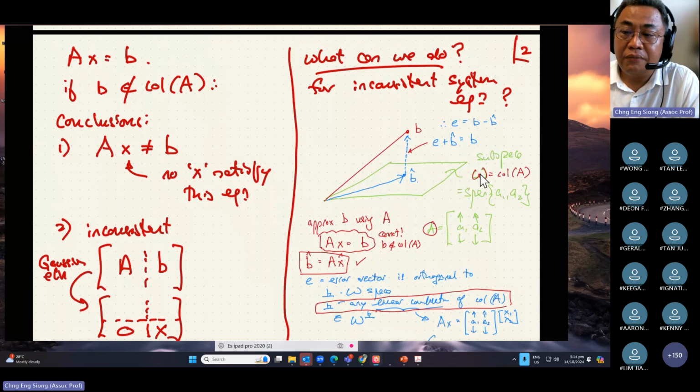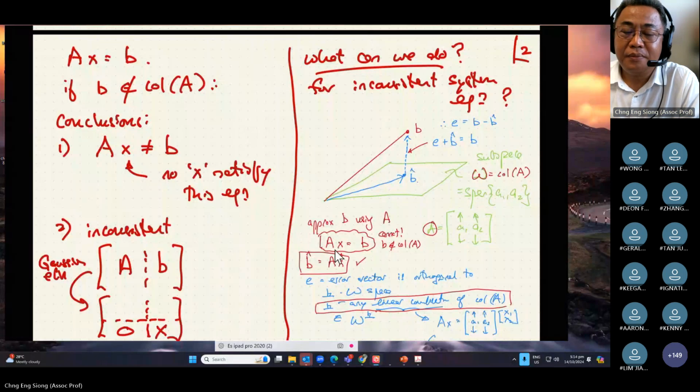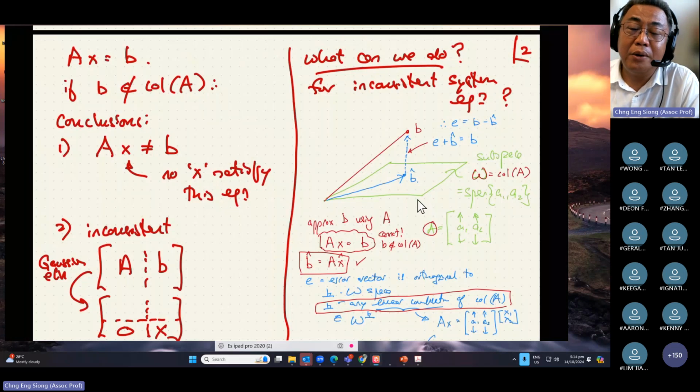So if I write the basis as columns of A, then the span of A1, A2 is simply A times X. By A times X, I can go anywhere on the floor. And because I can only go anywhere on the floor, I have chosen to go to the place called B hat.